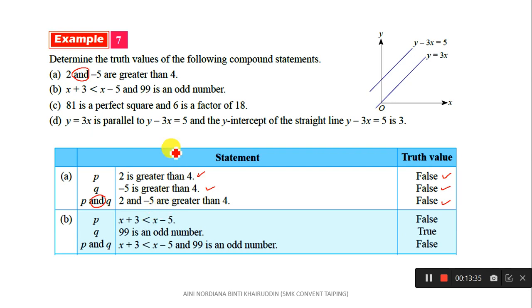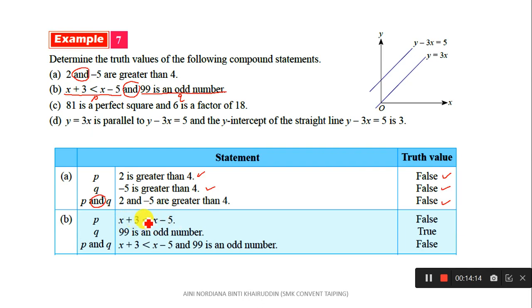For example B, look at this word "and". This is the first statement and this is the second statement. The first statement: x plus 3 is less than x minus 3. Let's say we use x as 2. 2 plus 3 is 5, 2 minus 5 is negative 3.